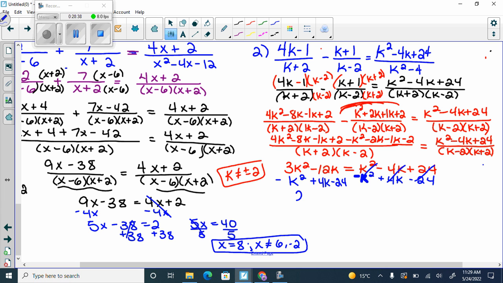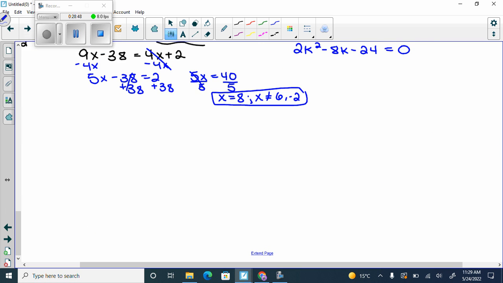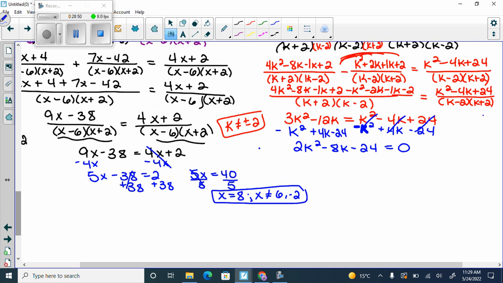And I get 2k squared minus 8k minus 24 equals 0. I can reduce it down, or I can just go A equals 2, B equals negative 8, C equals negative 24. Or I could take a 2 out, and A would equal 1, B would equal negative 4, C would equal negative 12. You'll still get the same answer.